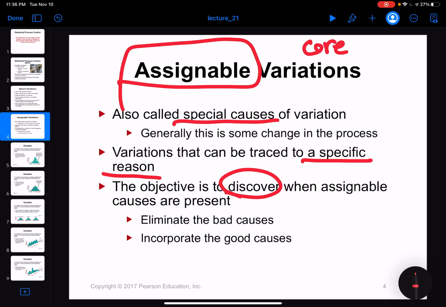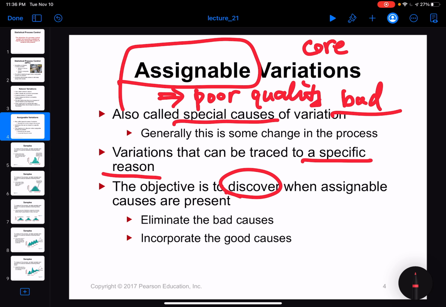That means these are bad. You can remember that assignable variations are bad things. People lose money because of them, because assignable variations lead to poor quality. We try to identify all the assignable variations and then remove them, eliminate them entirely.